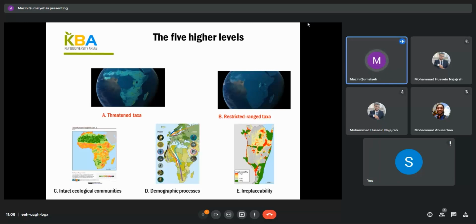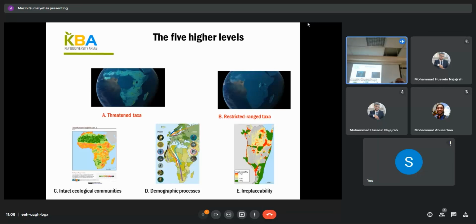That's a reason why it's very important to have assessments for the threatened taxa following exactly the global IUCN Red List procedure. Okay?